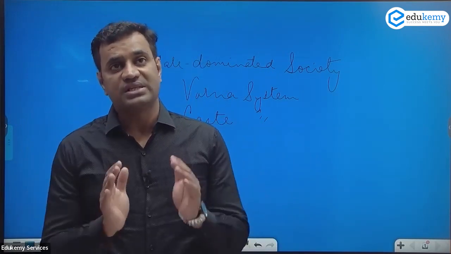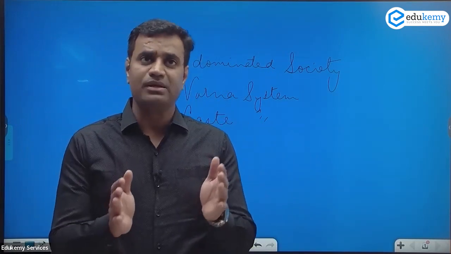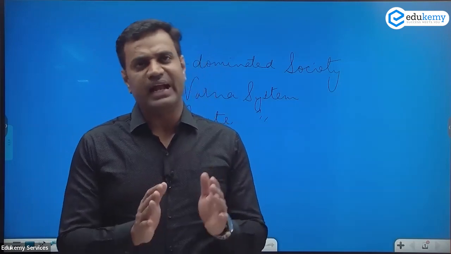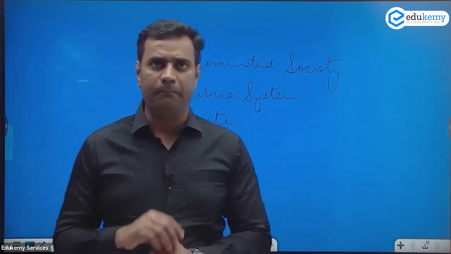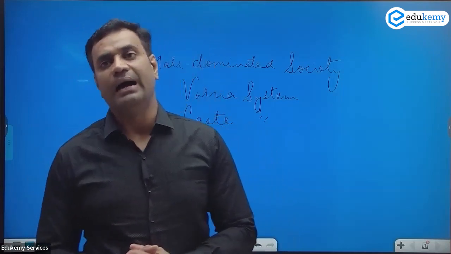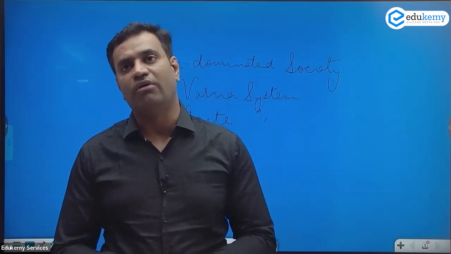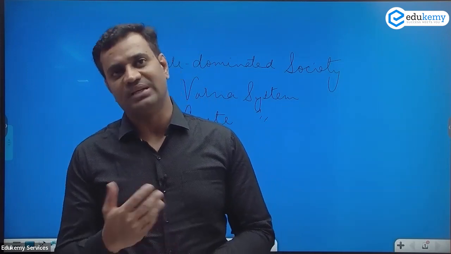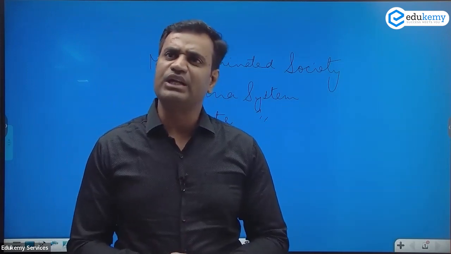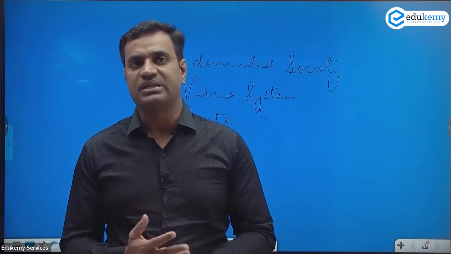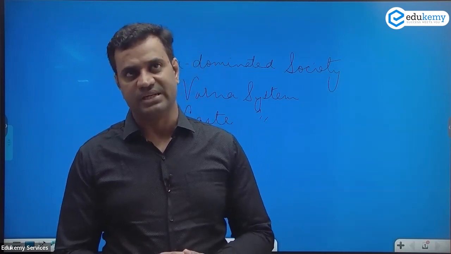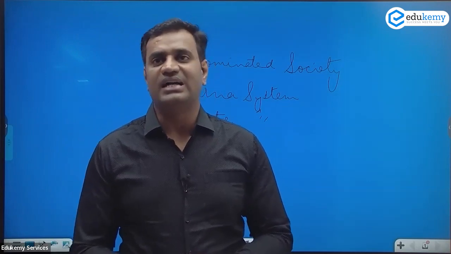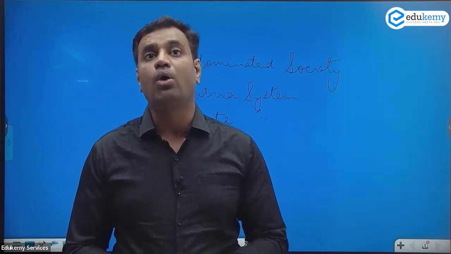The Varna system that was established on the basis of birth began to be followed in a crystallized or stratified form. But in course of time, the rulers started grants of land to Brahmins and to other sections. When land grants began to be given, even Brahmins and other communities began to undertake agriculture and production activities, which resulted in their identification according to occupation.